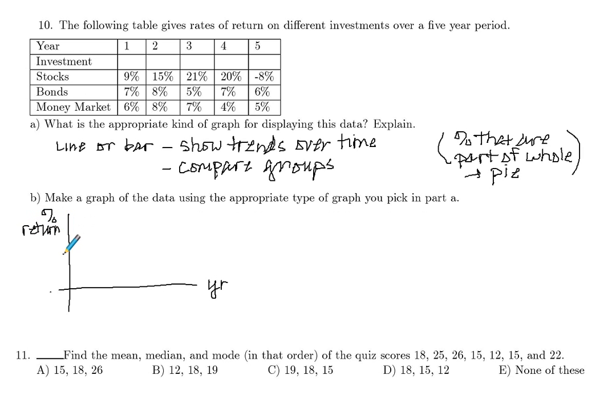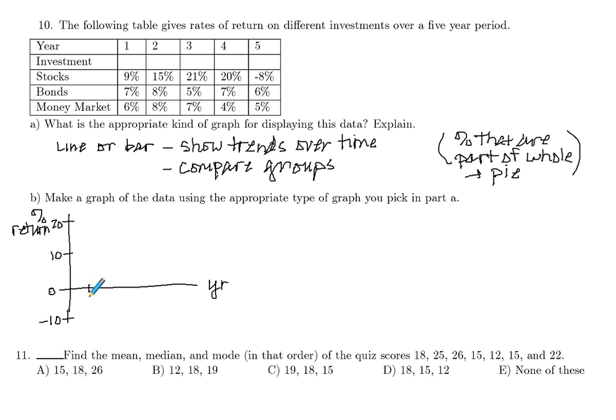That's going to go up to just above 20%. And then we'll need down here a -10. So -10%, 0, 10, and 20%.